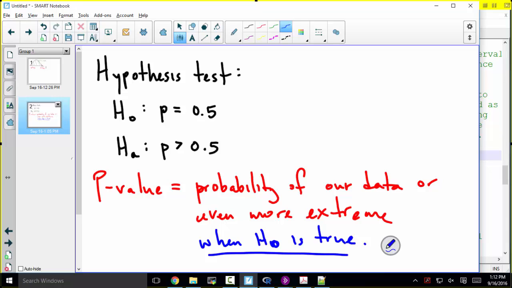So if we're going to use the Bootstrap, all it does is resample with replacement to mimic a sampling distribution. I want to do that, but I specifically want to do it when the null is true.